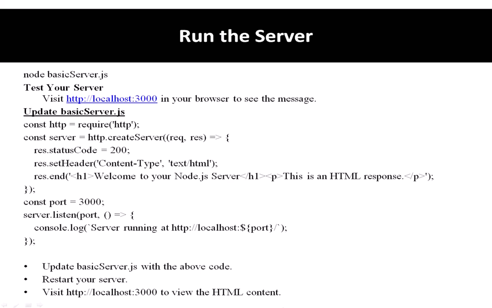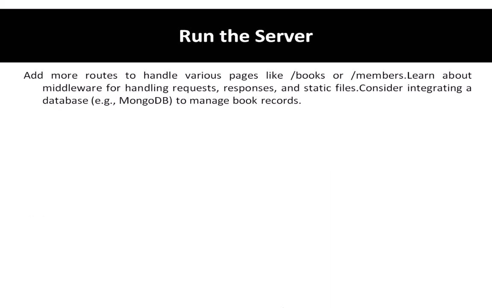So next, running the server, you can add more routes to handle various pages like books directory or members and about page, middleware for handling requests, responses and static files. Consider integrating a database like MongoDB to manage all book records.